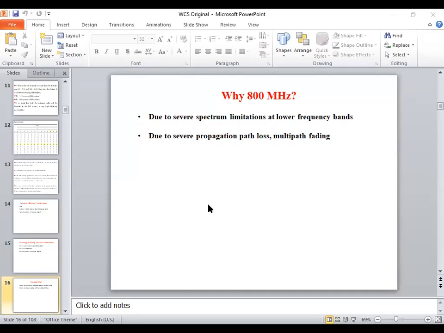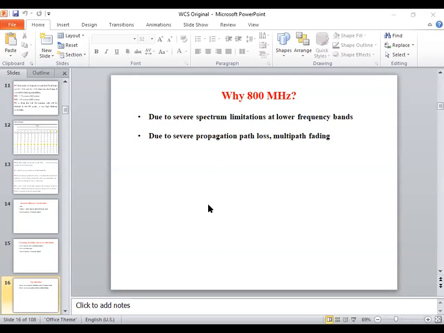Now the second reason I have already discussed: propagation path loss due to the high band. On the other hand, mobile radio transmission can't be applied at 10 gigahertz or above due to problems like propagation path loss and multipath fading. So 800 megahertz was originally assigned to an educational TV channel.